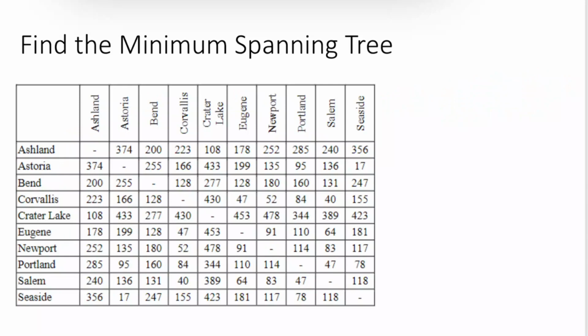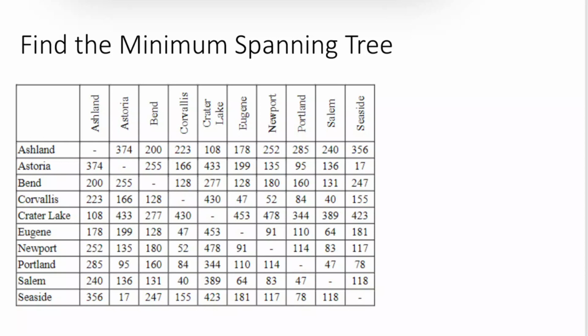And you can also do this if you have a graph that's represented as a table instead of with a graph diagram. And so let's say that we had, it looks like this is a complete graph because every vertex is adjacent to all of the other vertices. If I wanted to find the minimum spanning tree, the main thing I need to look out for is not creating circuits.